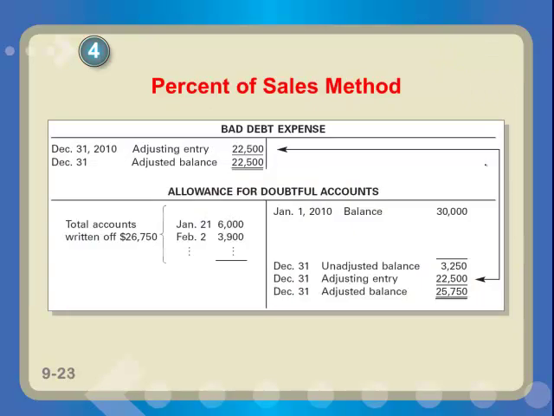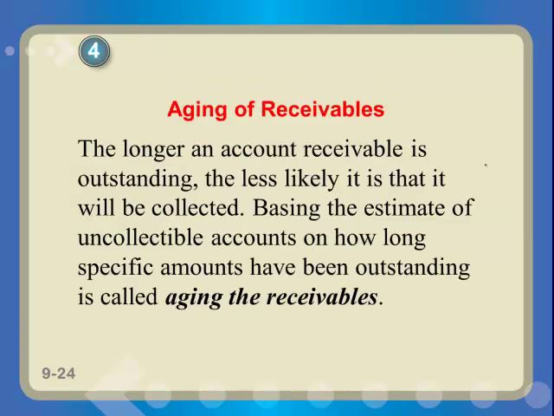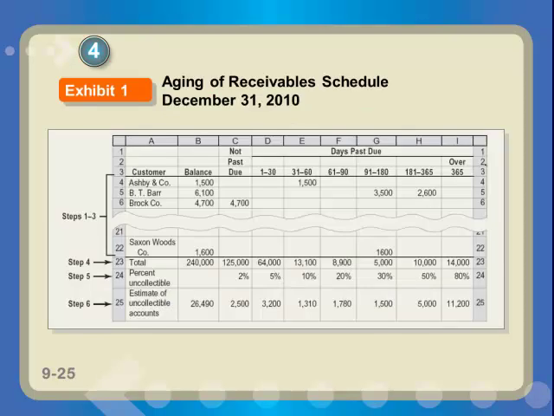And look, there's the T account. I'd get ahead of myself. All right, so the aging of receivables is when we see how many people are past due or severely past due, and add that up, and that's how we get the number for the allowance account. This is an example of a receivable schedule.